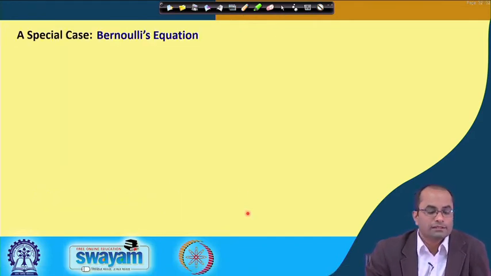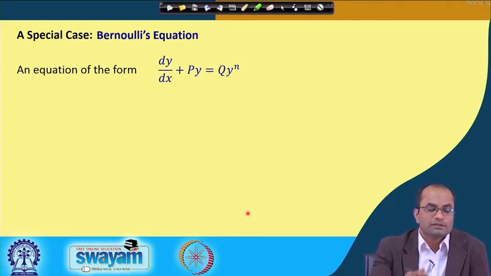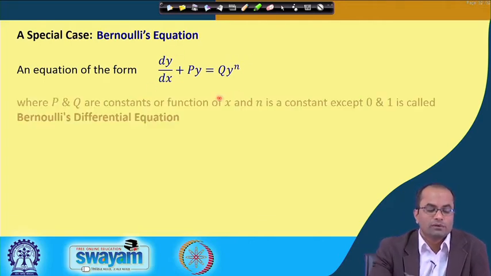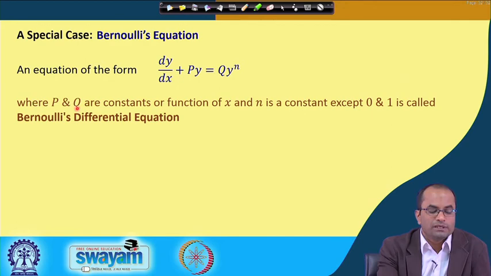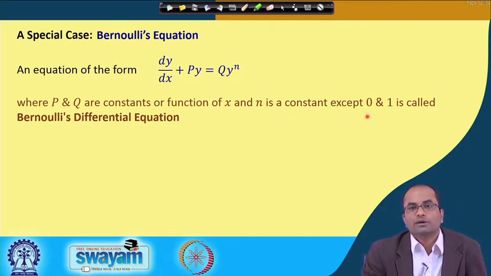As a special case here, we have the Bernoulli equation, an equation of the form dy over dx plus py is equal to q y power n. Such a form of the equation is called the Bernoulli equation, where p and q are constants or functions of x, and n is a constant except 0 and 1.